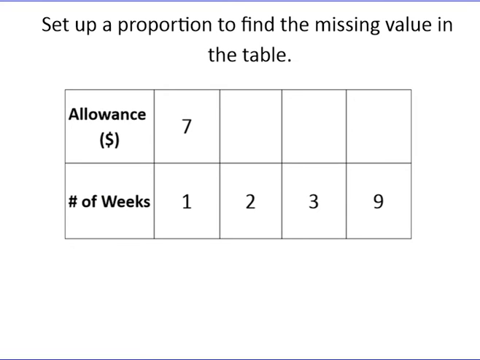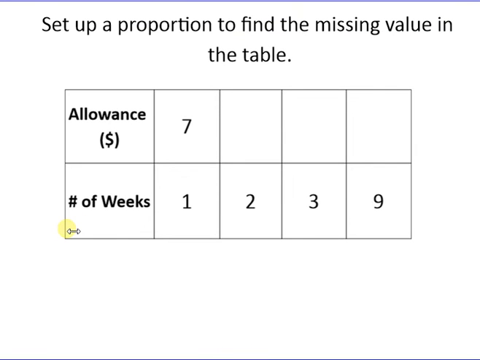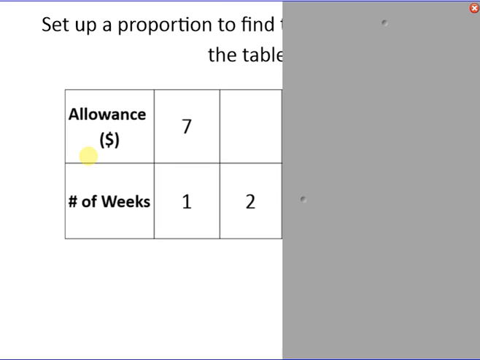Okay, now here we have a table with multiple missing boxes, okay? And so I'll show you how to do this. What you need to do is find the first missing box, and it'll help you find the next missing box and the next missing box, and so on and so forth. And the best way to do that is to sort of cover up the rest of the missing boxes like that.